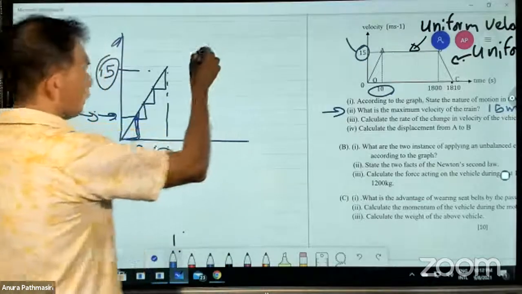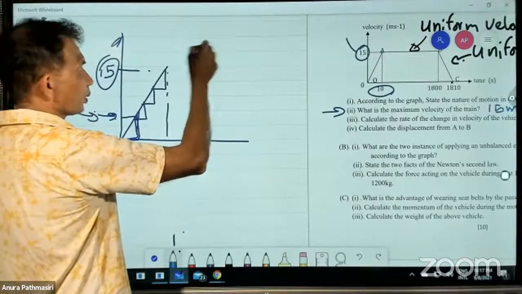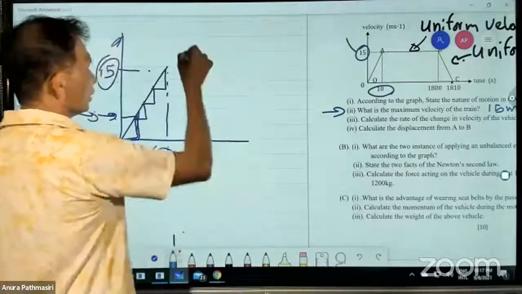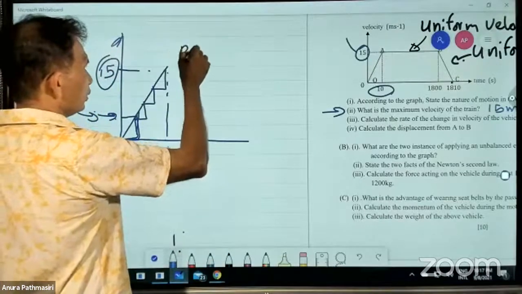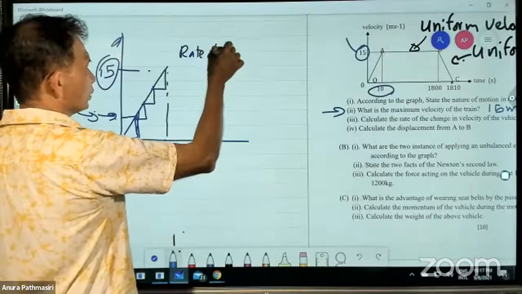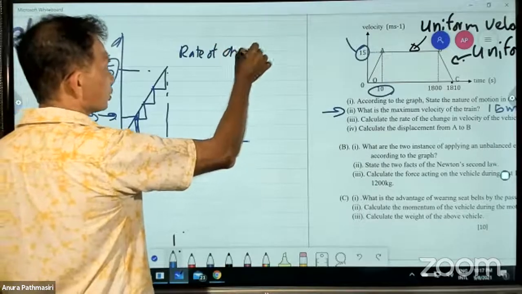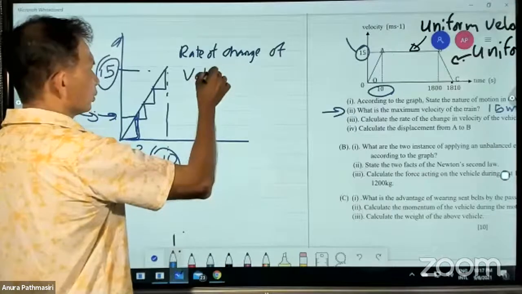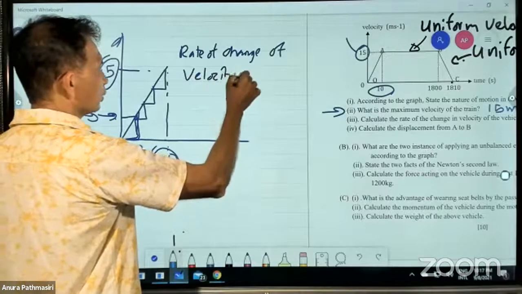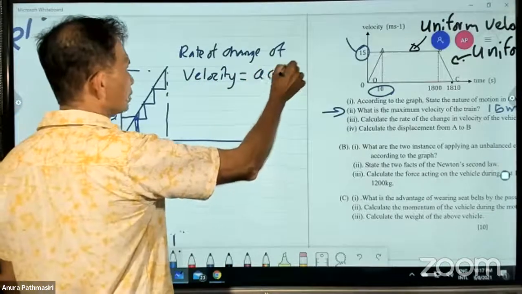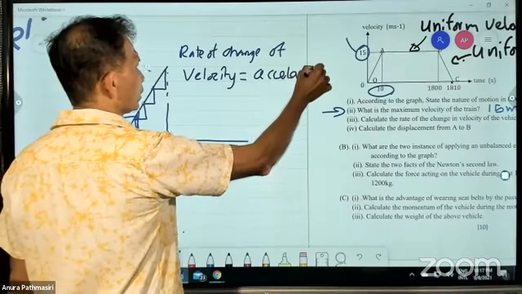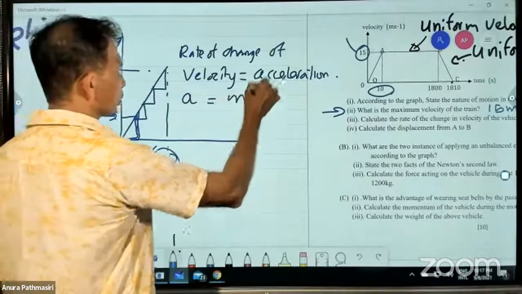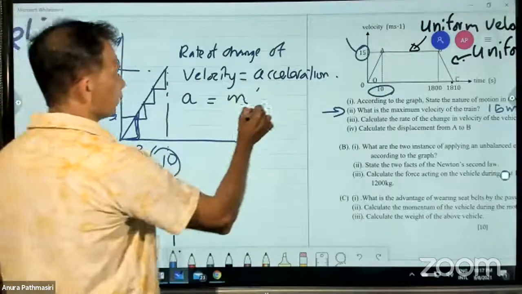Then you can say the rate of change of velocity equals acceleration.